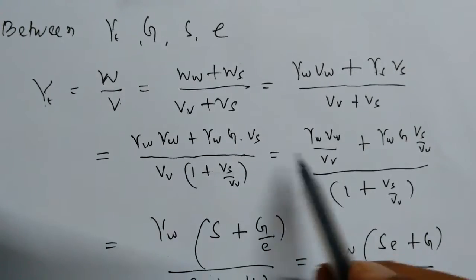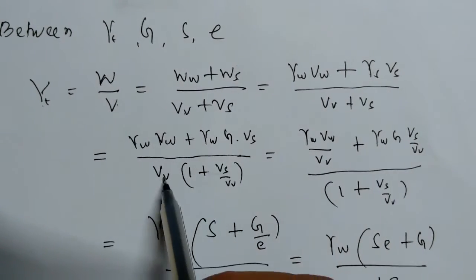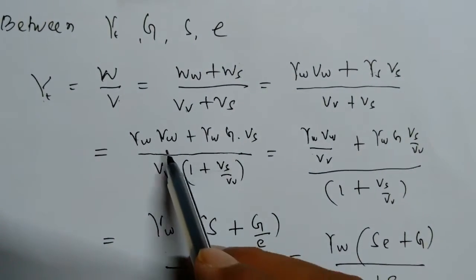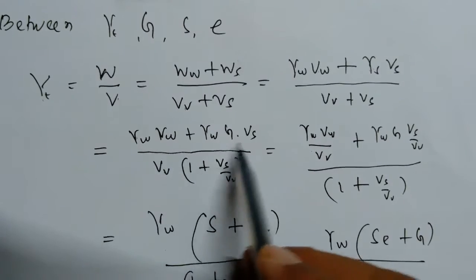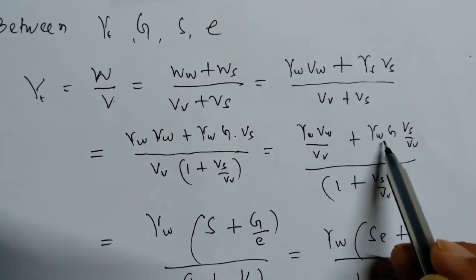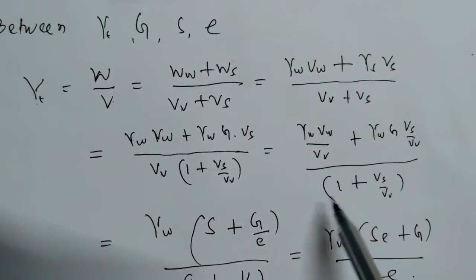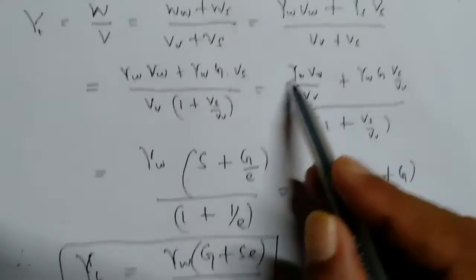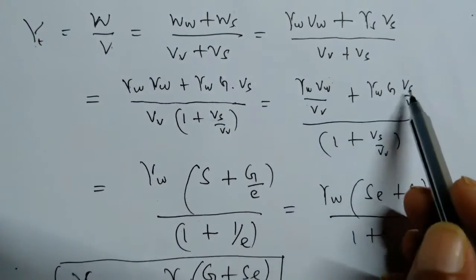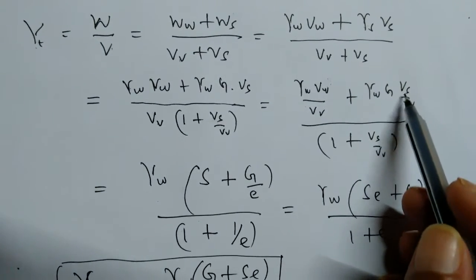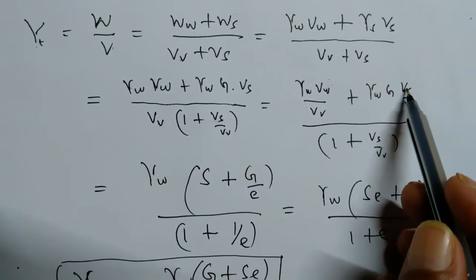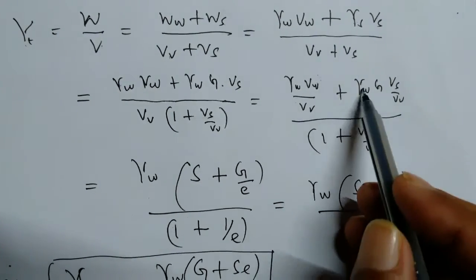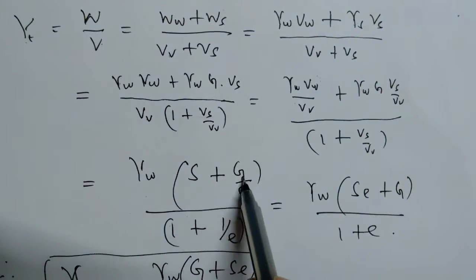Now dividing by Vv on both sides, gamma W Vw by Vv gives S. And gamma W G Vs by Vv, Vv cancels. So it is gamma W taking out, it is only S. And this is G into Vs by Vv, which means 1 by e, because Vv by Vs is e. So Vs by Vv is 1 by e. So it becomes G by e. Gamma W is out. So S plus G by e.